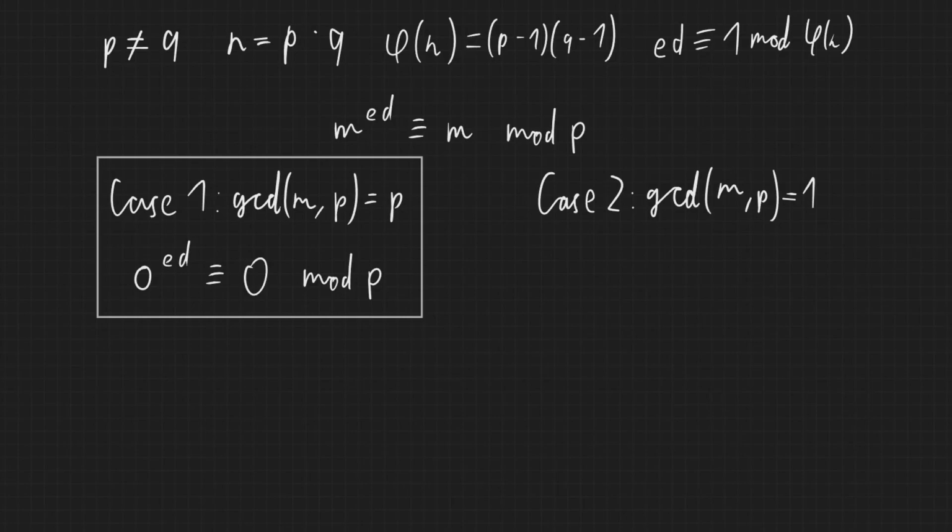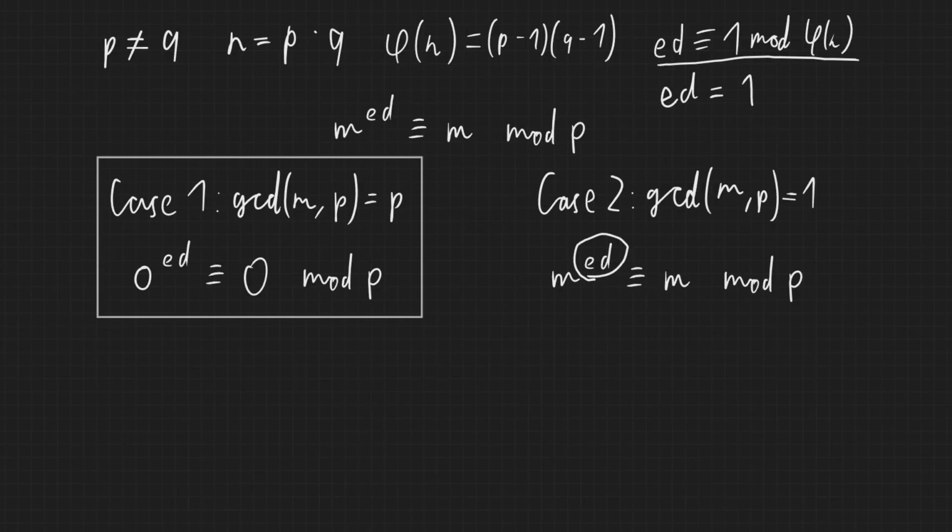Let's now focus on case 2. If we look at our exponent ed, this looks familiar, right? Because we've selected e and d to be multiplicative inverses modulo phi of n. Let's use this fact. If e times d modulo phi of n is 1, this simply means that e times d is 1 more than some multiple of phi of n.